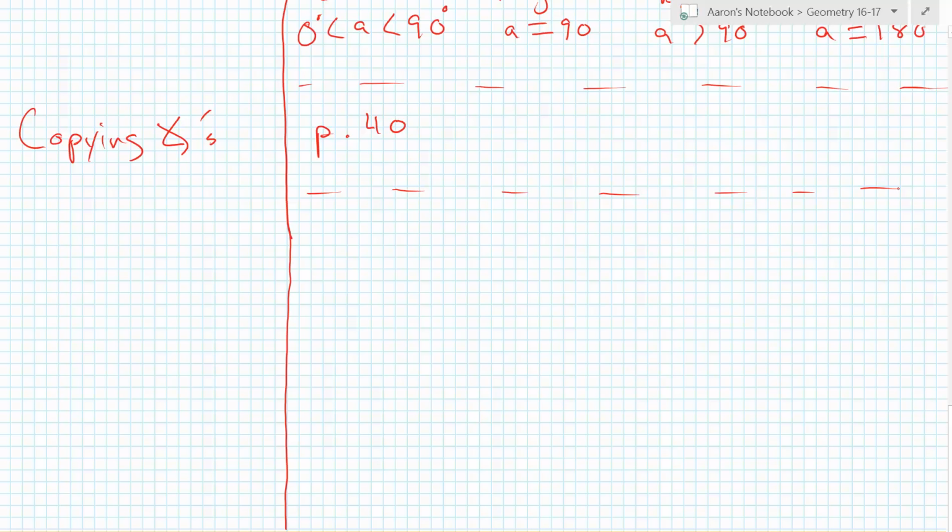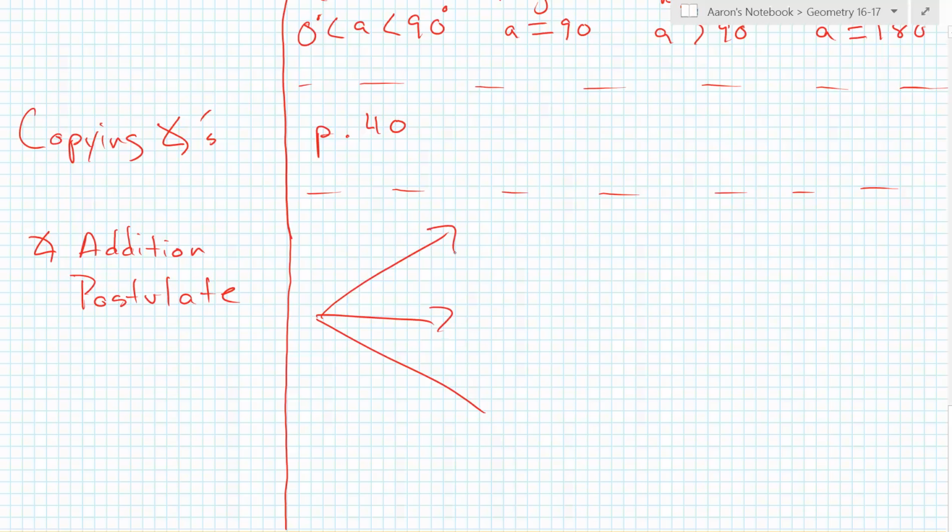The last thing we're going to deal with is the angle addition postulate. The angle addition postulate deals with three angles. And I say three angles because there really are three angles here.